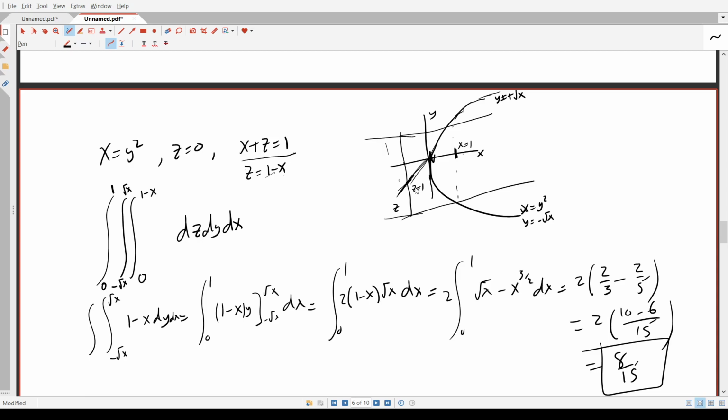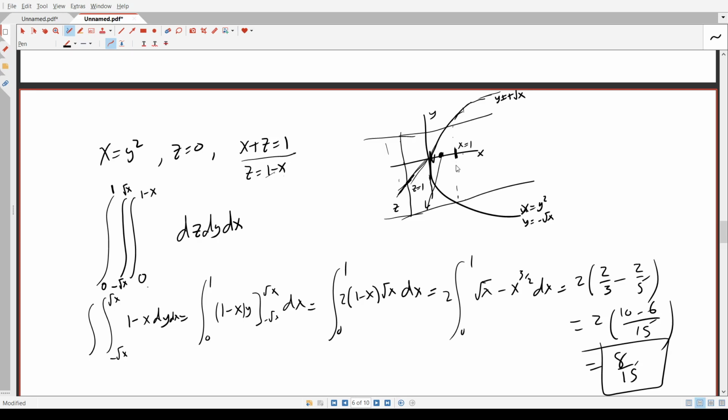Okay, so the point was, if I want the volume of this region, the first thing I need to do is figure out what the edges of the region I'm interested in are. And then once I have that, I integrate along one direction. I figure out the minimum value and the maximum value. So first I did from z equals 0 all the way up to this plane, so from 0 to 1 minus x.